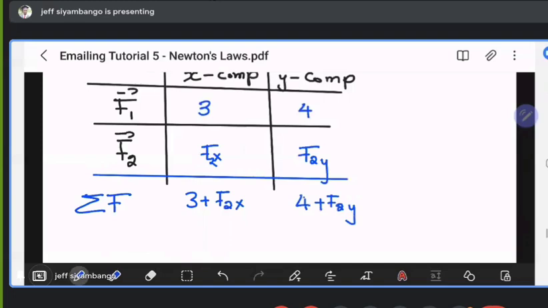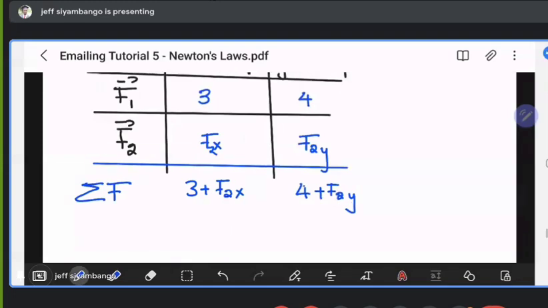This is how we are going to get the net force. Once we get the net force here, the next thing will just be to get its magnitude and then work out the rest. But before we even go to the last part, I think the question actually does give us what we need.